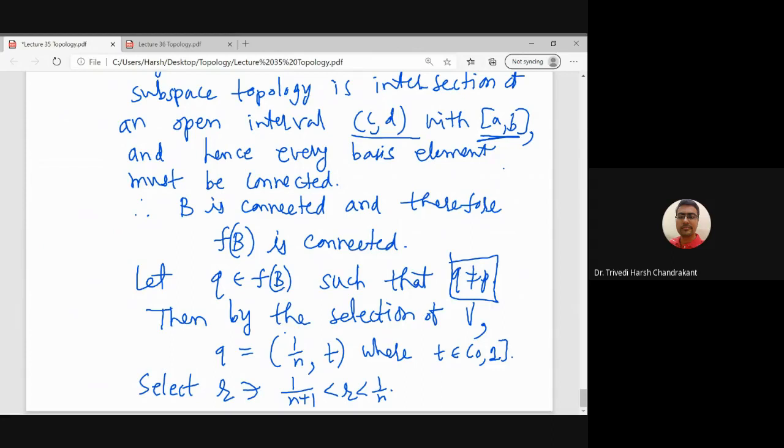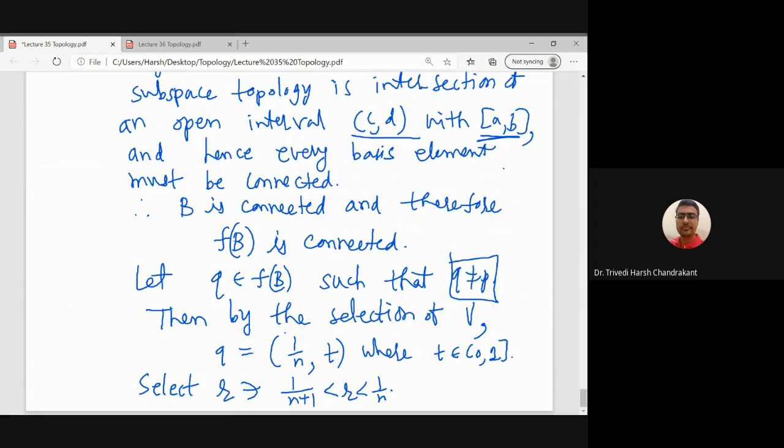So we have proved that f of B is a subset of V. Therefore Q belongs to V, and every element in V which is an element of the comb space, that means it is in the image of f, is always of this form 1 comma n comma t.